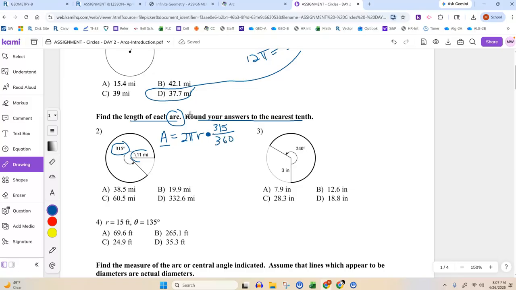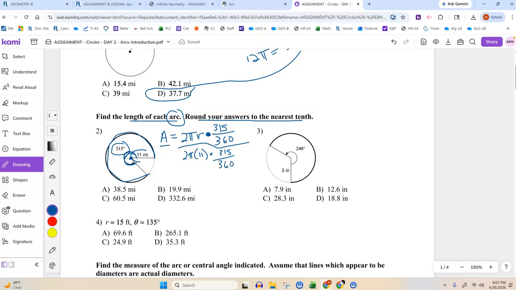Because it's telling us that this arc right here is not the whole circle, but it's based upon the degrees inside here that represent it. So this is 315, so that's why I have to multiply it by that. So the radius is 11, so 2 times pi times 11 times 315 over 360.